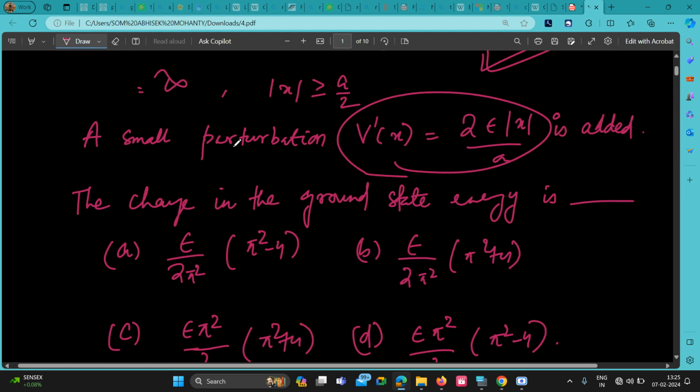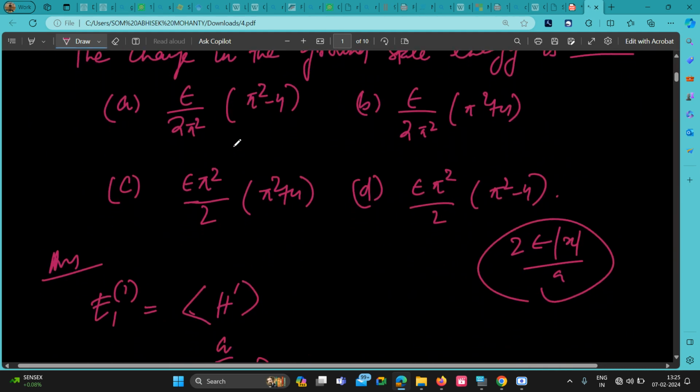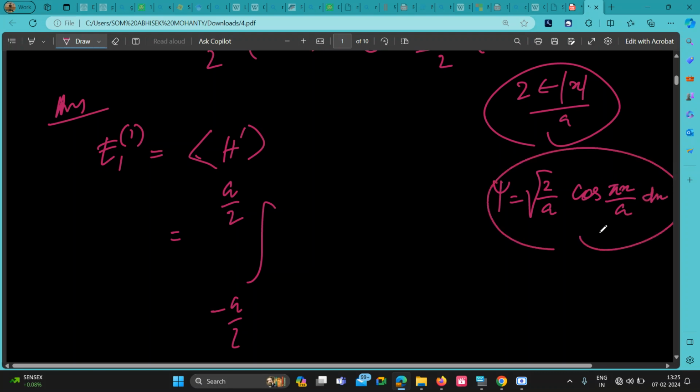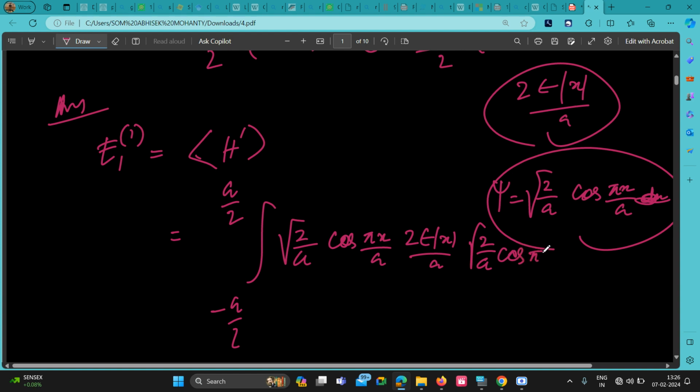This is a 1D infinite potential well, right? The wave function is root over 2 by a cos pi x by a, because it's the ground state. So root over 2 by a cos pi x by a, then 2 epsilon mod x by a, again root over 2 by a cos pi x by a dx.